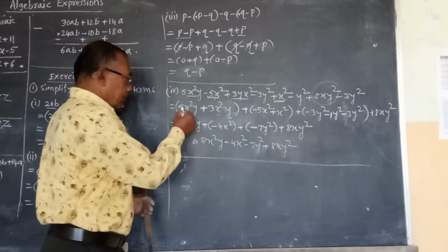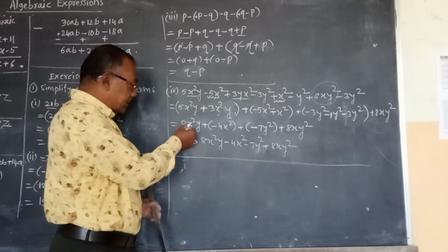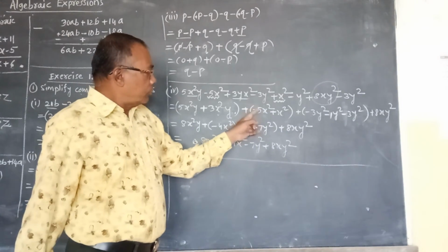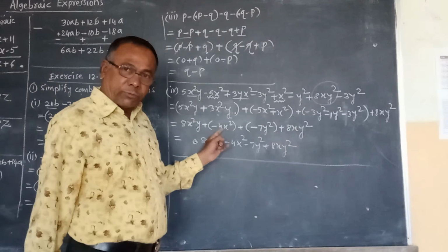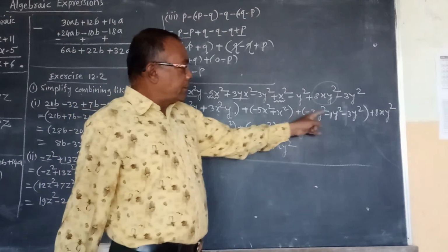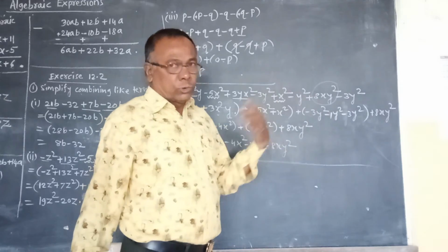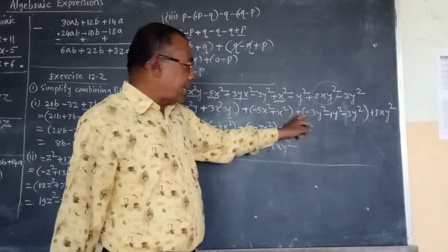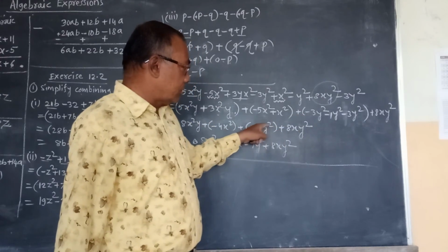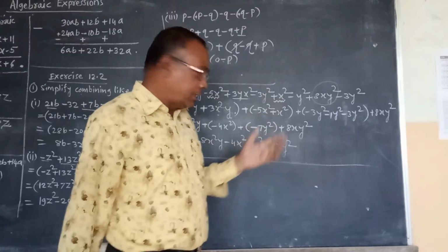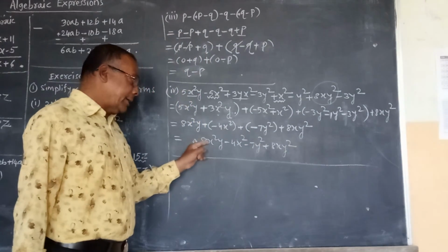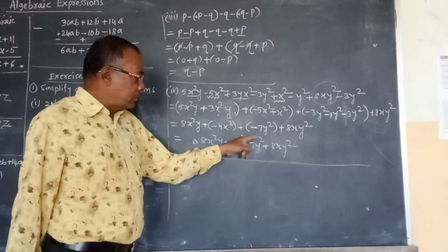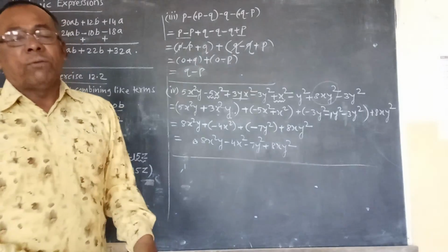So here 5 plus 3 will be 8x square y. Here minus 5x square and plus x square have unlike signs, so 5 minus 1 means minus 4x square. Then here all the signs are negative, means like signs are there, so addition will be there. 3 plus 1, 4, 4 plus 3, 7, but the sign will be minus. So minus 7y square and plus 8xy square as it is. So our final answer is 8x square y minus 4x square minus 7y square plus 8xy square.